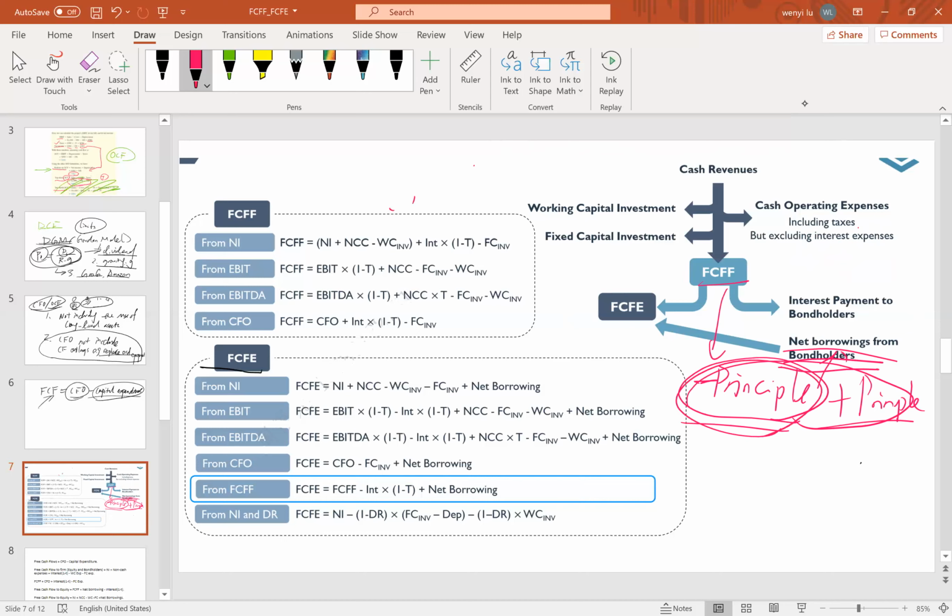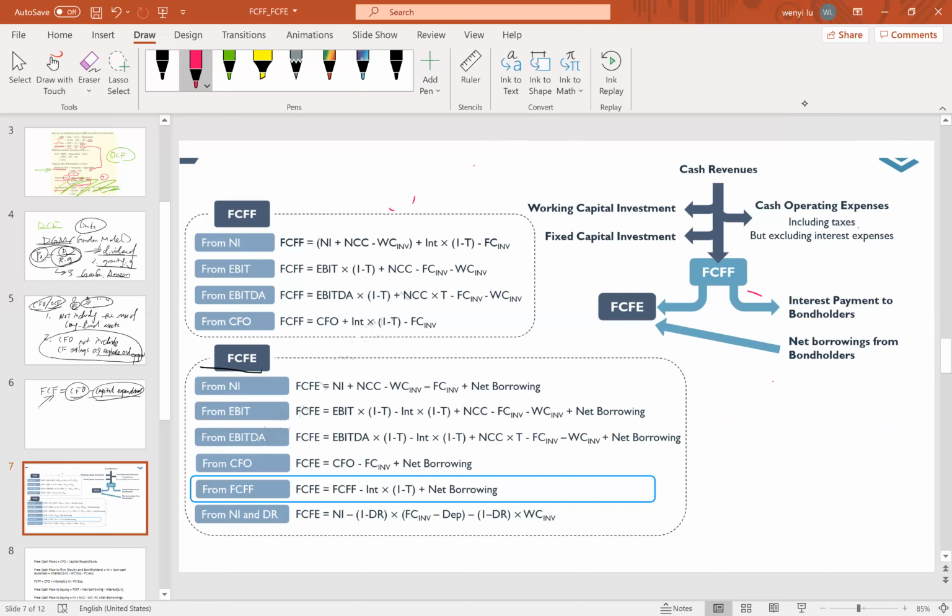This is for the retirement or expiration of the old, existing bonds, and this is the new raising of debt. So the difference will be the net borrowing from the bondholders. So the free cash flow to the firm minus interest payment to the bondholder plus net borrowing from the bondholders gives us the free cash flow to equities.